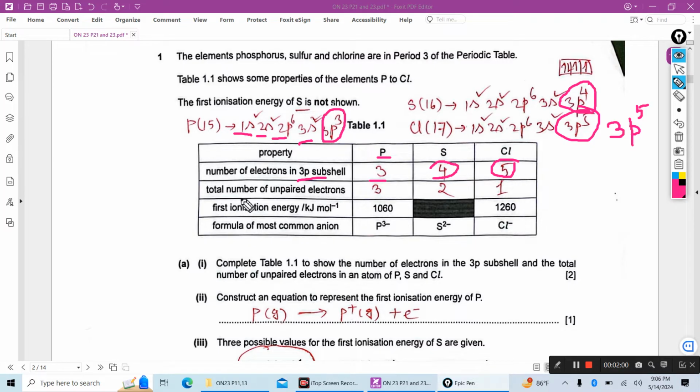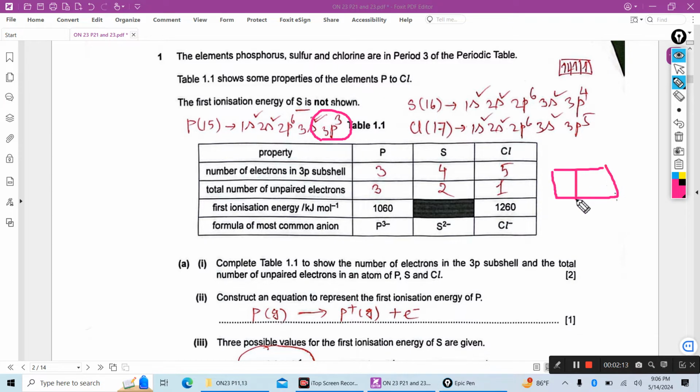Then now the total number of unpaired electrons. You see 3p3, there are 3 p orbitals and 3 electrons, so 1 electron, 1 electron, 1 electron. So the number of unpaired electrons will be 3.